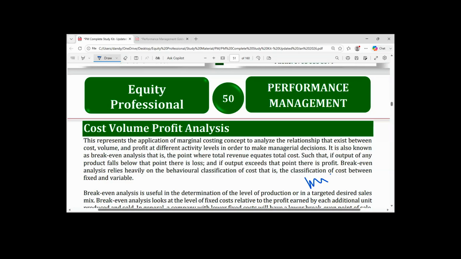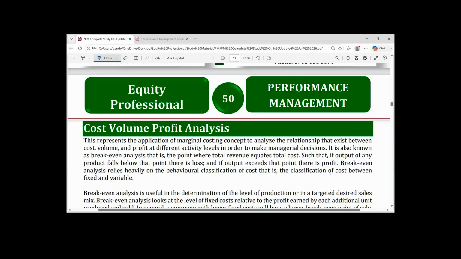You will recall when we had short-term decisions, I mentioned the areas of application of marginal costing technique to include deleting of a segment, special order, make or buy decision, CVP analysis, pricing decision, optimal product mix, and all of that I listed for you.